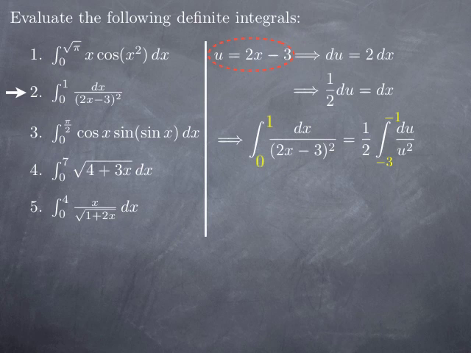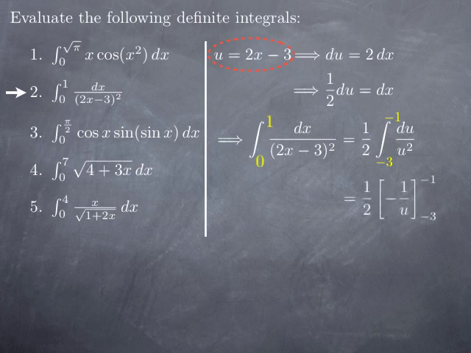Now all I need is an antiderivative of 1 over u squared, because the fundamental theorem of calculus applies to this new integral, because 1 over u squared is continuous on the interval from negative 3 to negative 1. So 1 over u squared is simply u to the negative 2, so an antiderivative is u to the negative 1 over negative 1. In other words, negative 1 over u.